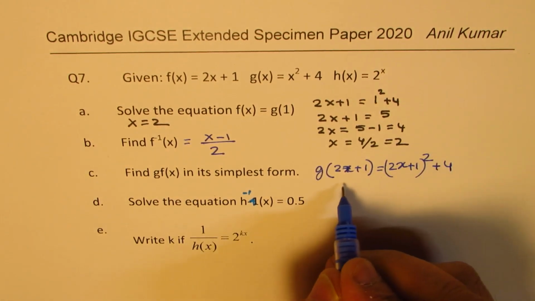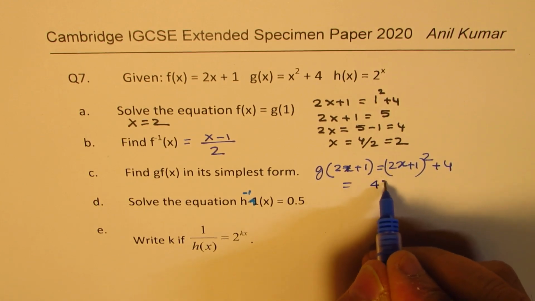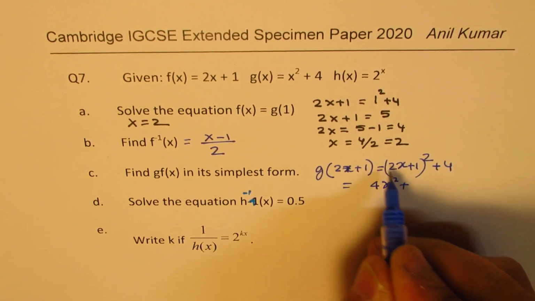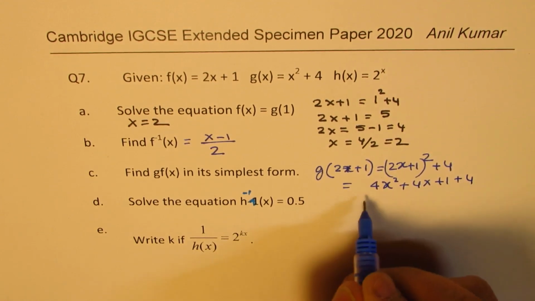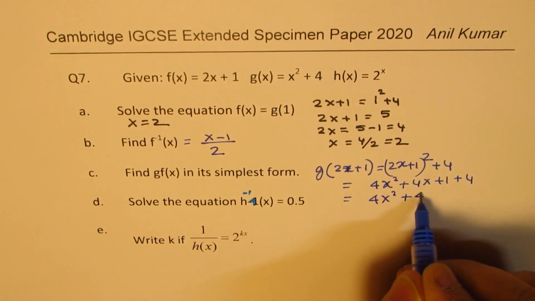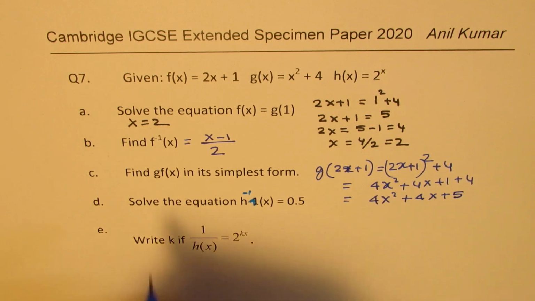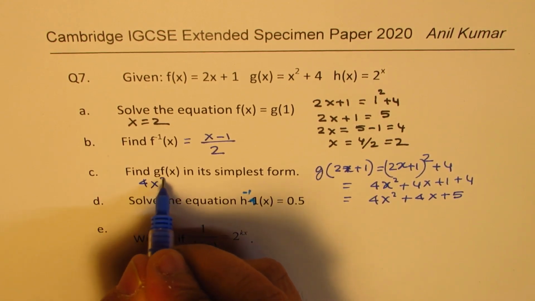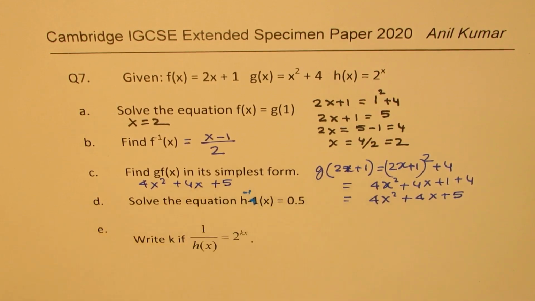So let's expand this. We get 2 squared is 4, x squared, plus 2 times 2x, which is 4x, plus 1, plus 4, right? So that gives you 4x squared plus 4x plus 5. So that is the simplest form. So we'll write this as 4x squared plus 4x plus 5.